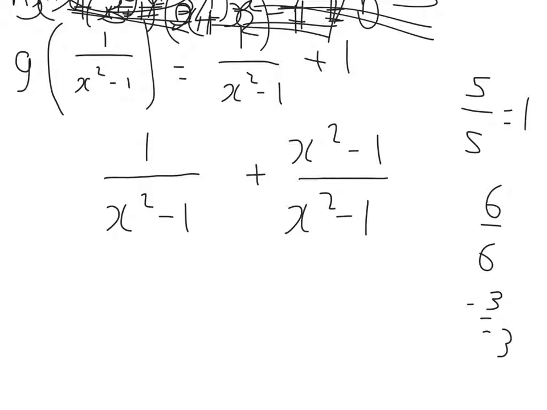So I can then add these together. The 1 and the minus 1 will cancel out there and give me x squared up top, and down bottom I've got x squared minus 1.